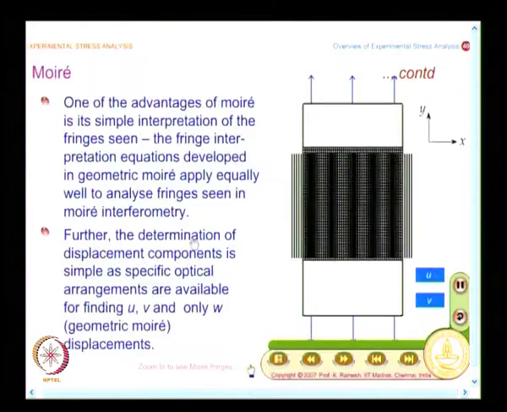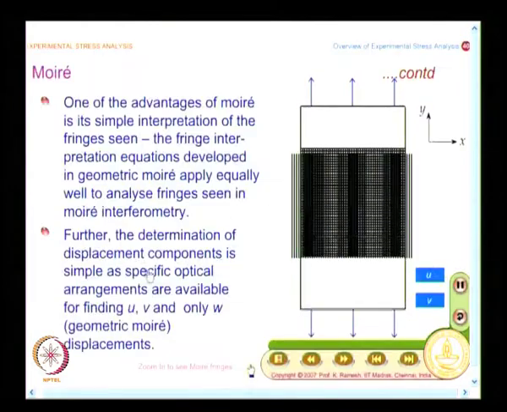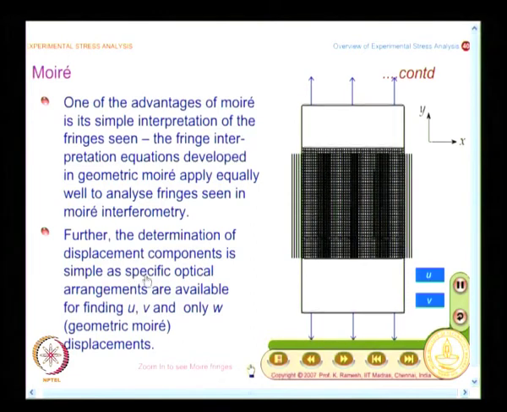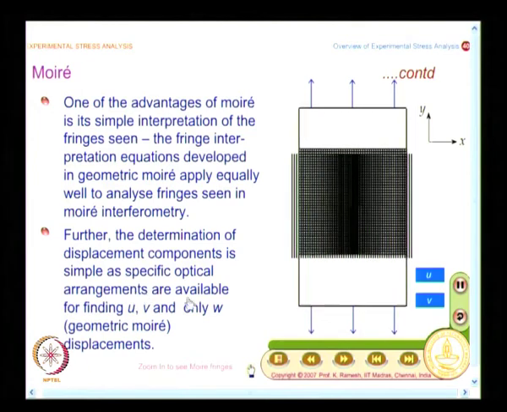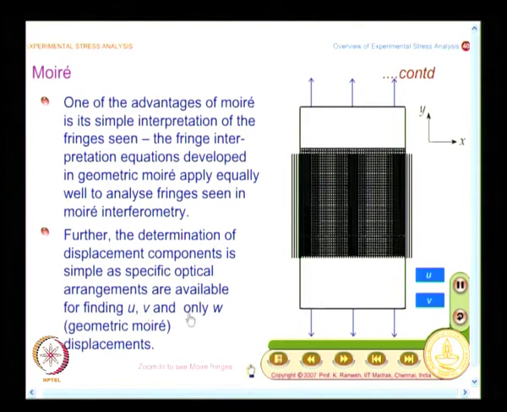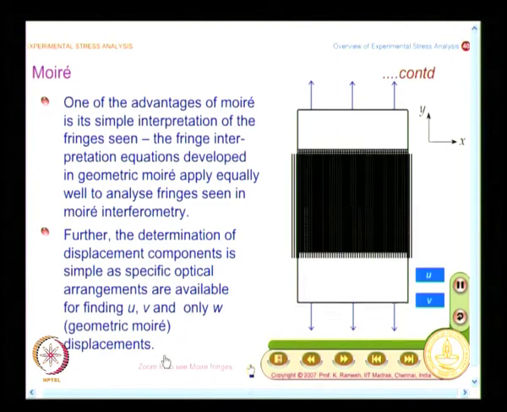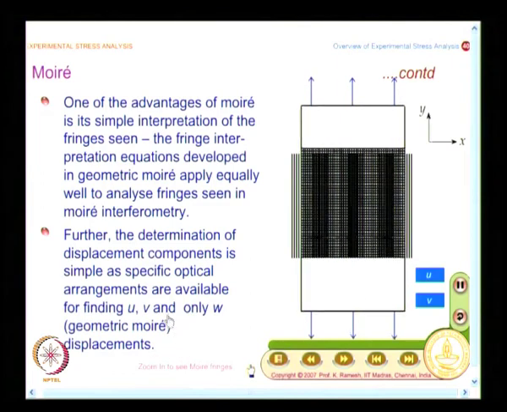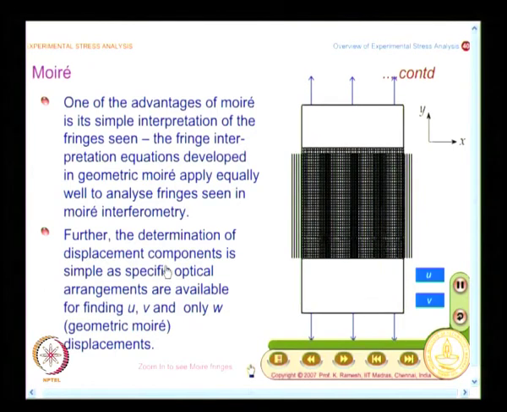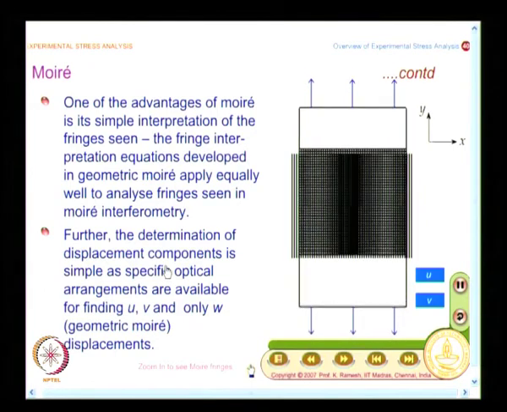So, what you find here is the determination of displacement components is simple, as specific optical arrangements are available for finding U, V and only W displacements. That is possible from geometric Moiré. Moiré interferometry gives you only U and V displacement.